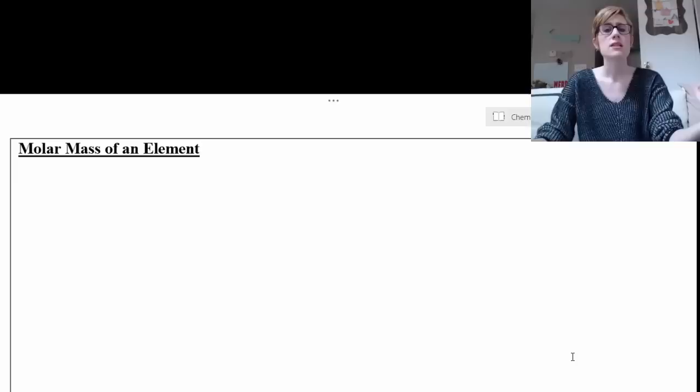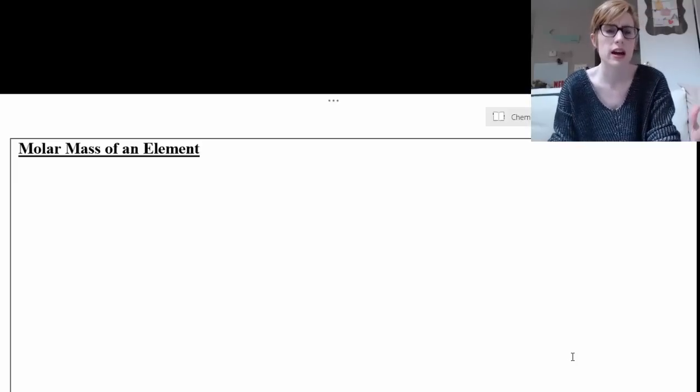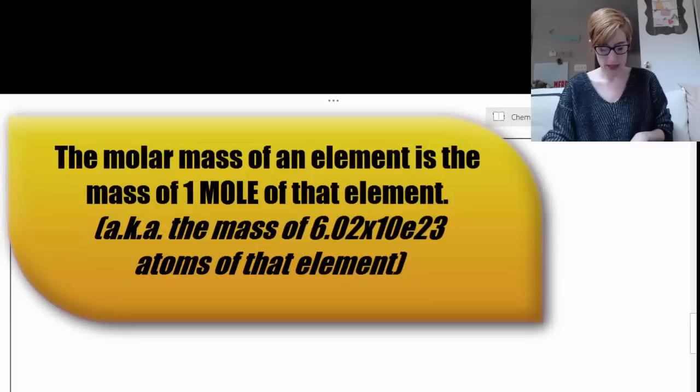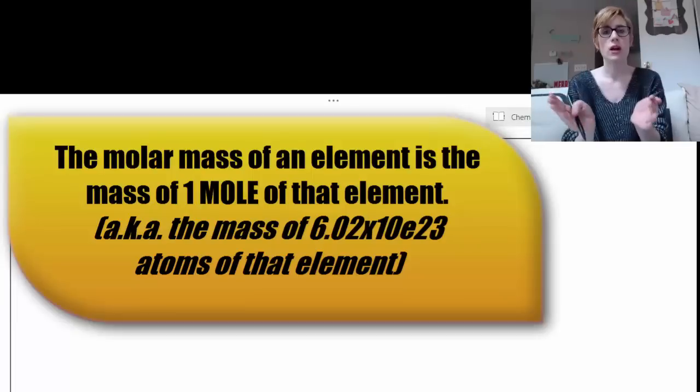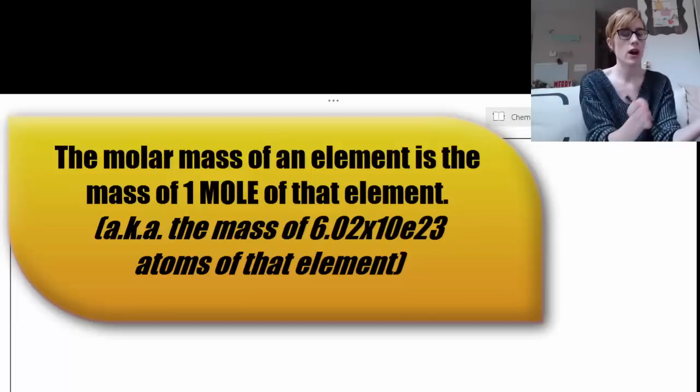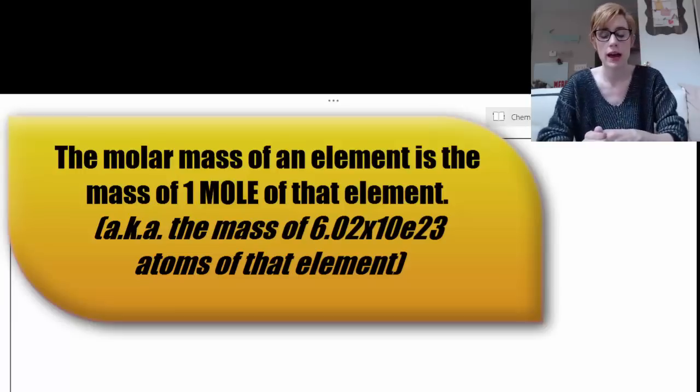Well, scientists that are infinitely smarter than I am have discovered how much 1 mole of each element on the periodic table weighs. The molar mass of an element is the mass of 1 mole of a substance. So 1 mole of a substance, and however much it weighed, that would be its molar mass.